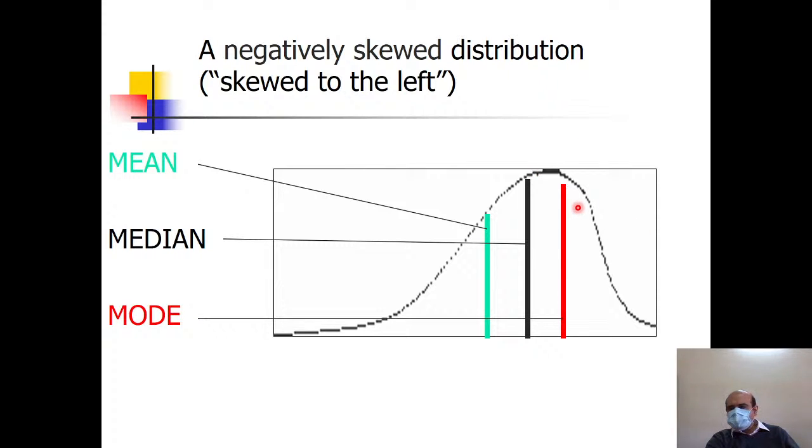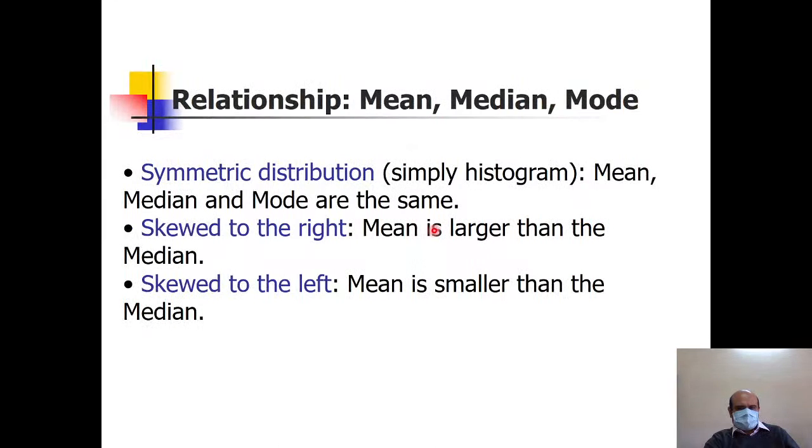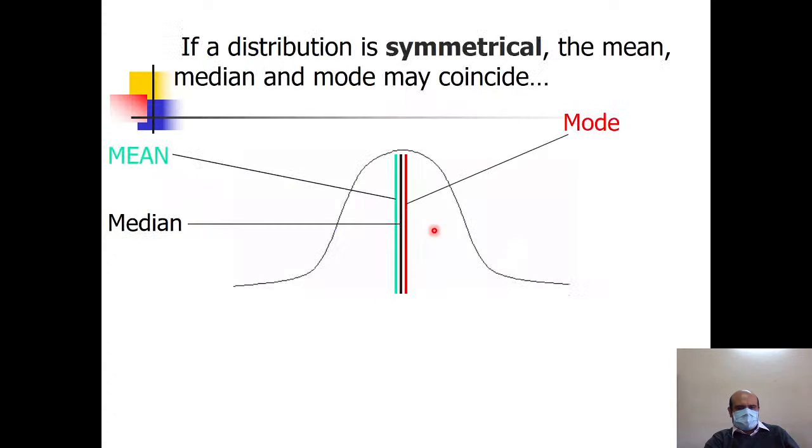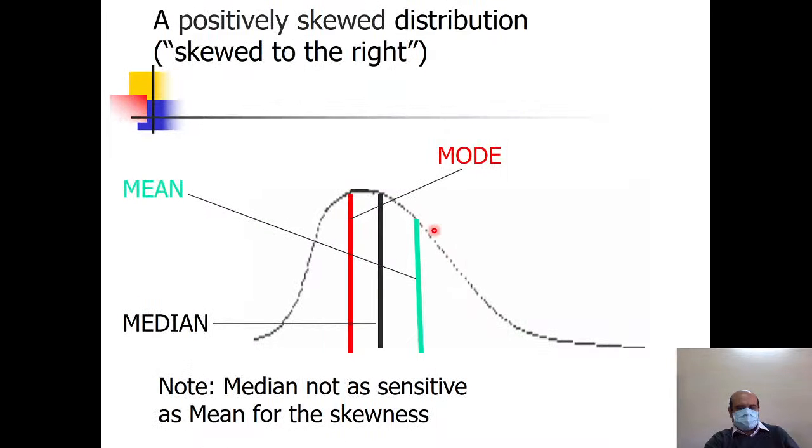And if it is skewed on the right-hand side, the mean should be larger. I think there is some error here. The value of the mean should be smaller, right?